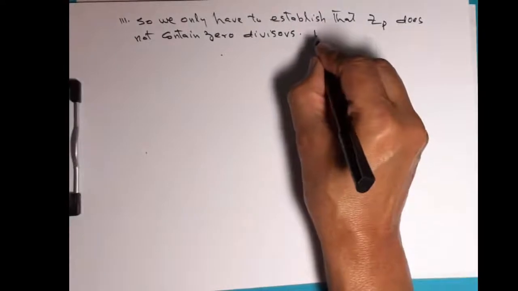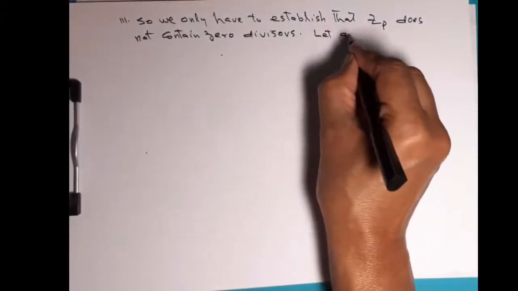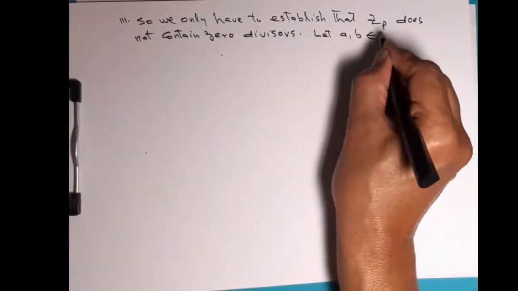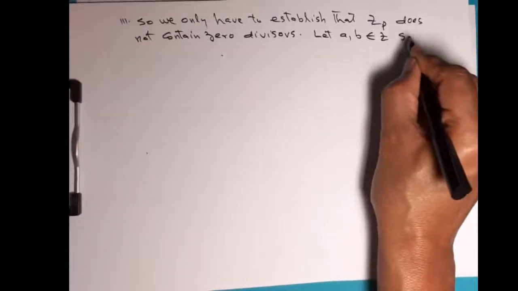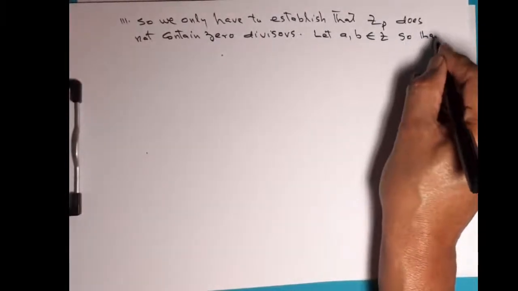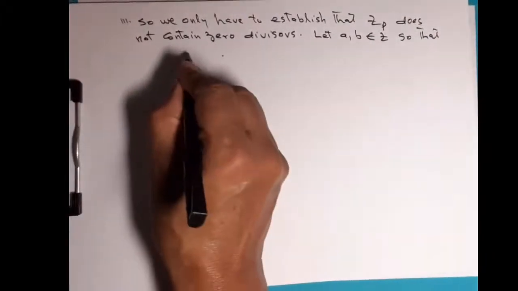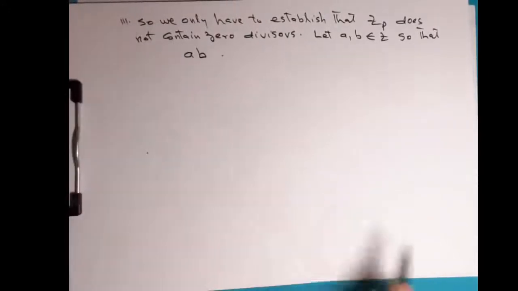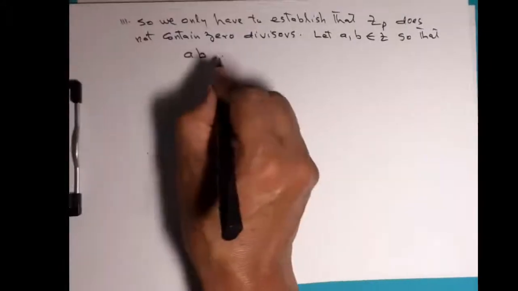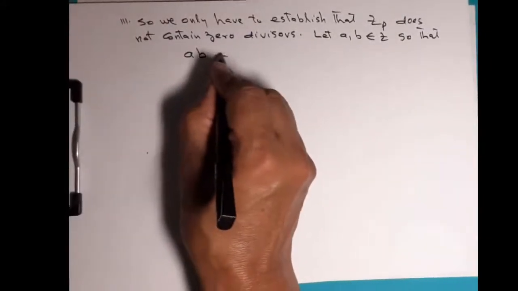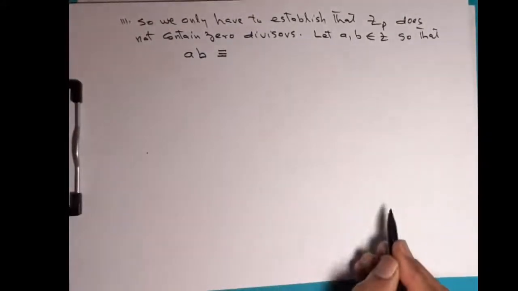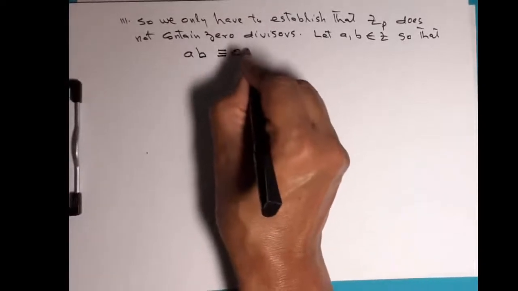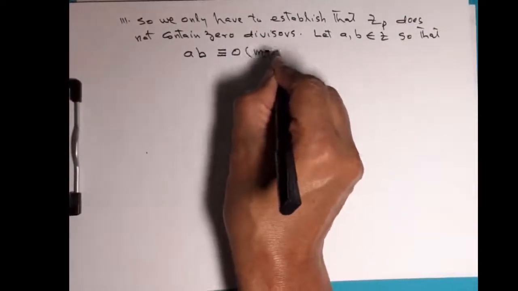Let me write it. Let A, B belong to Z so that their product AB is equal to 0, meaning their product is congruent with 0 mod P. Suppose this is the case.